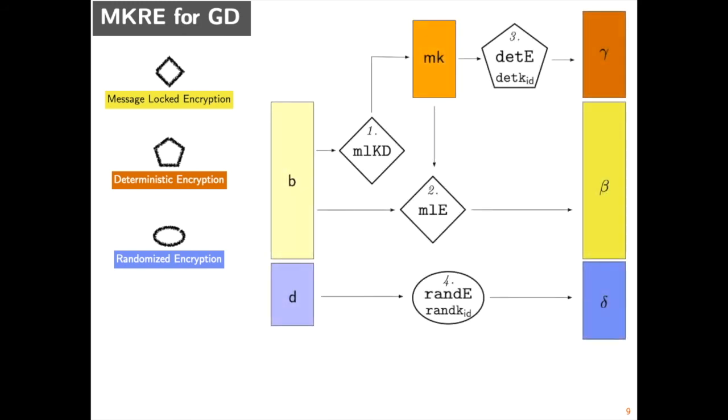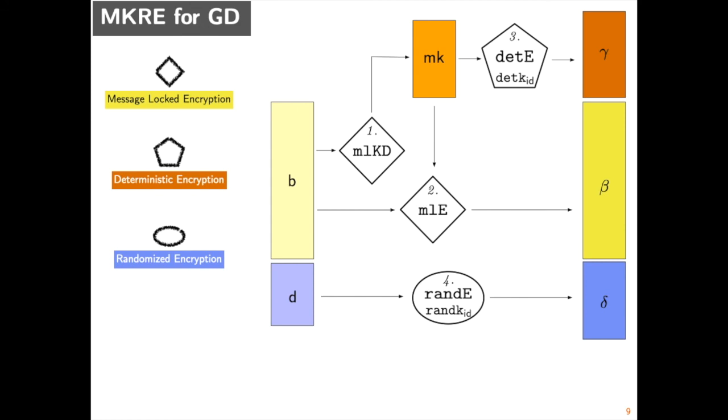So we have our chunk, we apply the generalized deduplication transformation phi that returns a basis and a deviation. On this basis and deviation, we apply our encryption scheme, which works as follows. I use the message-locked key derivation scheme, number 1, to derive a message-locked key from the basis B. So chunks that are similar will end up in the same basis, and the same basis will produce the same message-derived key.